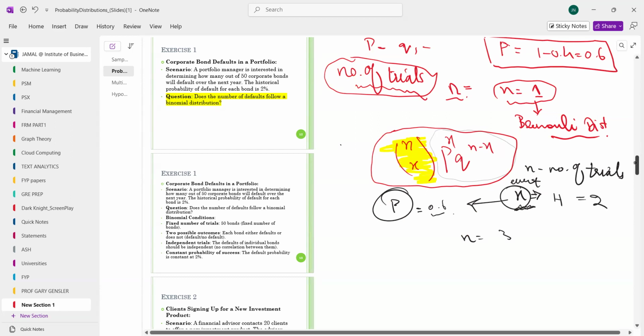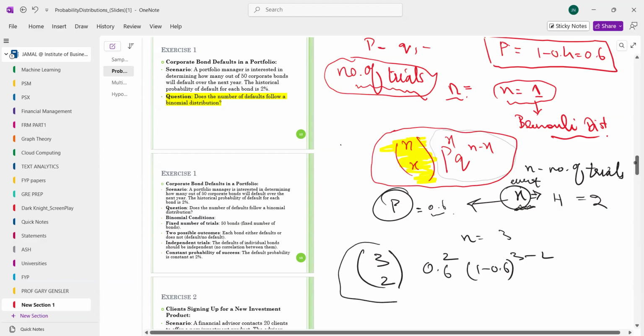So you can solve the formula. You have 3 combinations 2, P 0.6 raised to the power 2, Q is going to be 1 minus 0.6, which is 0.4, and n minus x is 3 minus 2.